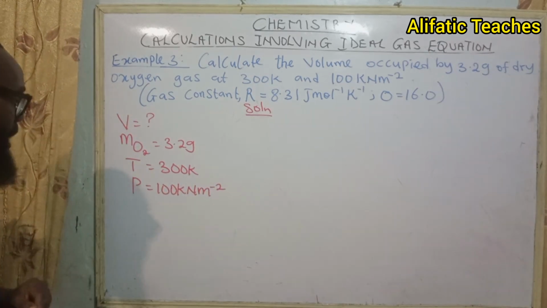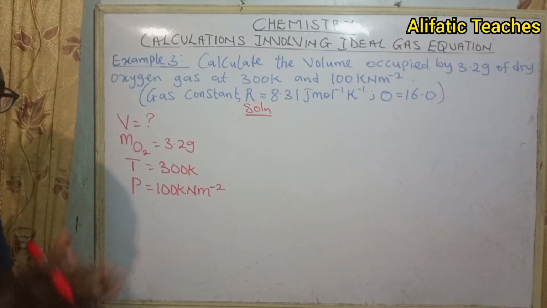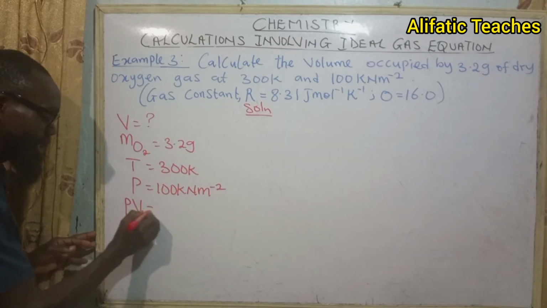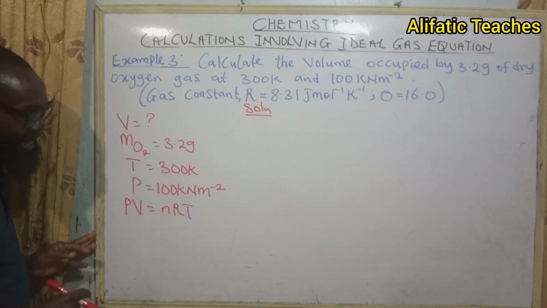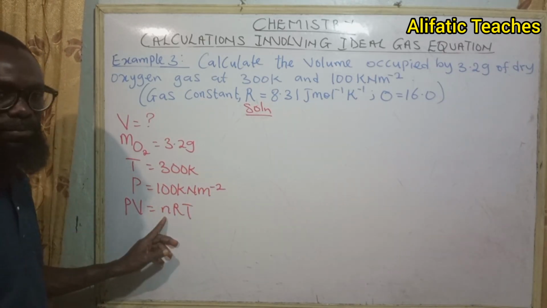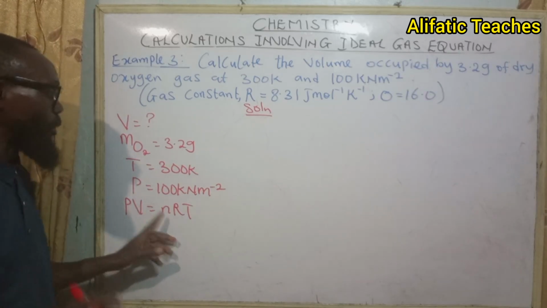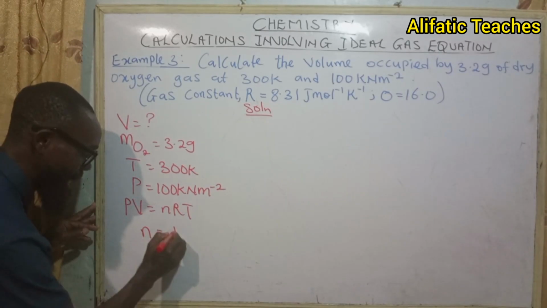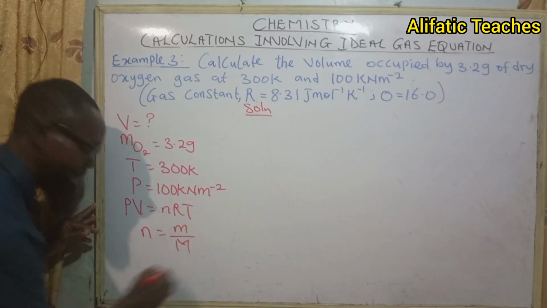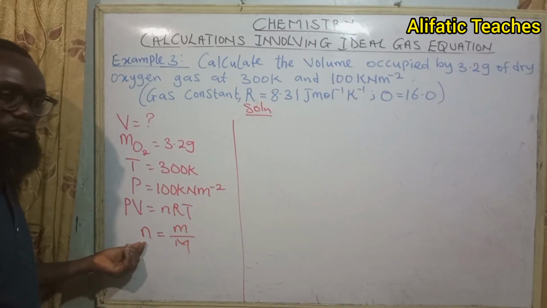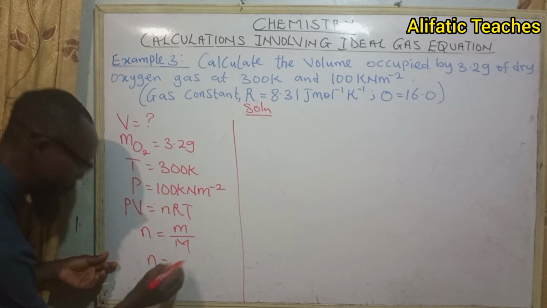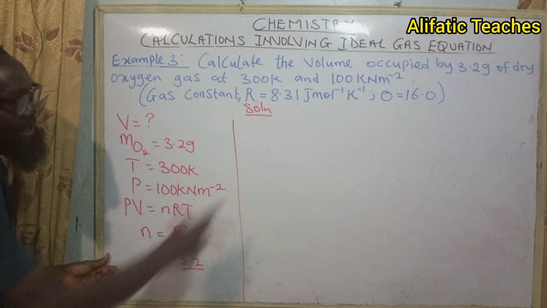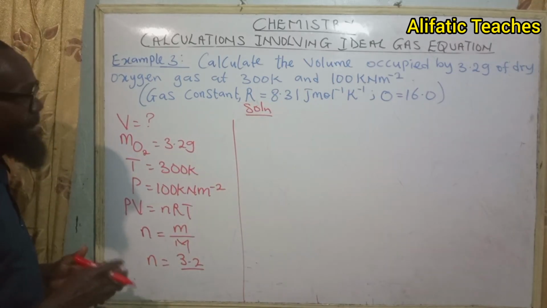Are we together? From our ideal gas equation that says PV equals nRT, we don't have our n, but we can get it because we are given the mass of oxygen. Amount equals mass over molar mass. So our amount will equal our mass of oxygen, 3.2, over the molar mass of oxygen.